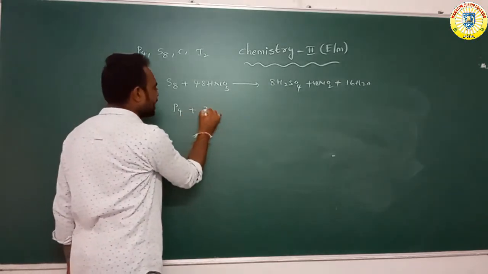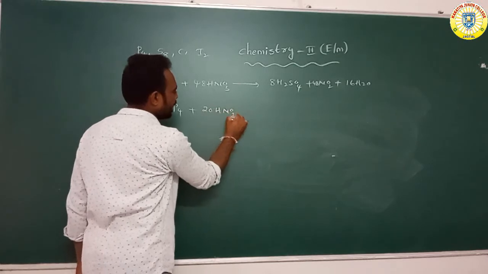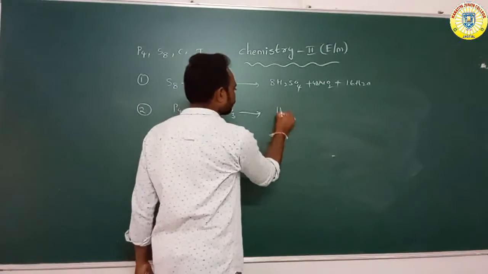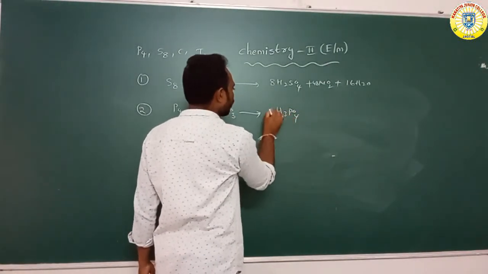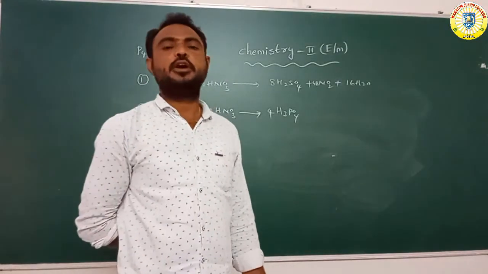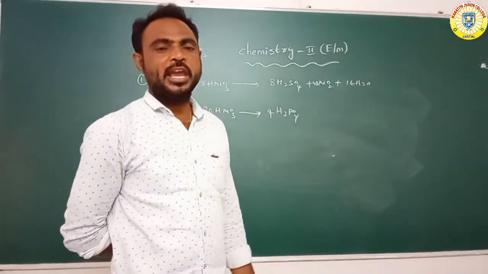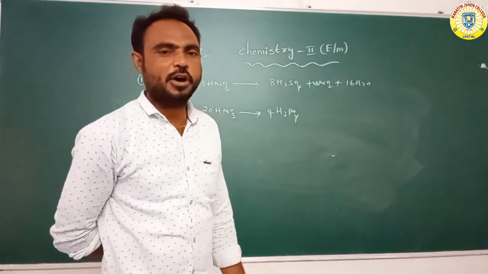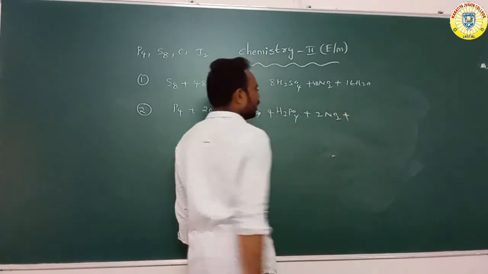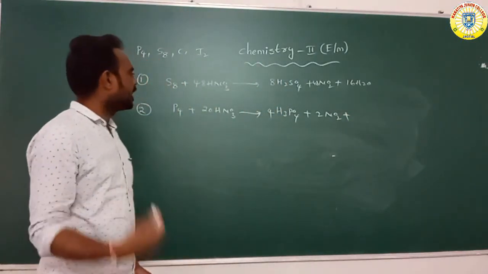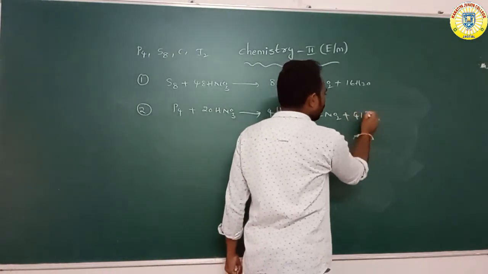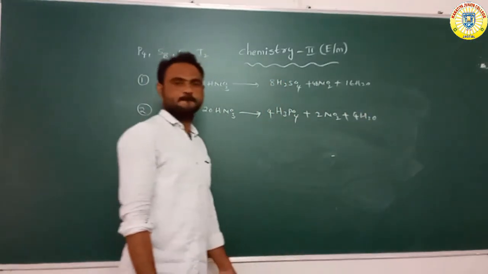Second one, suppose P4 phosphorus. This phosphorus reacts with HNO3, nitric acid, to form H3PO4. H3PO4 means phosphoric acid. Next further NO2, nitrogen dioxide, next water molecules.